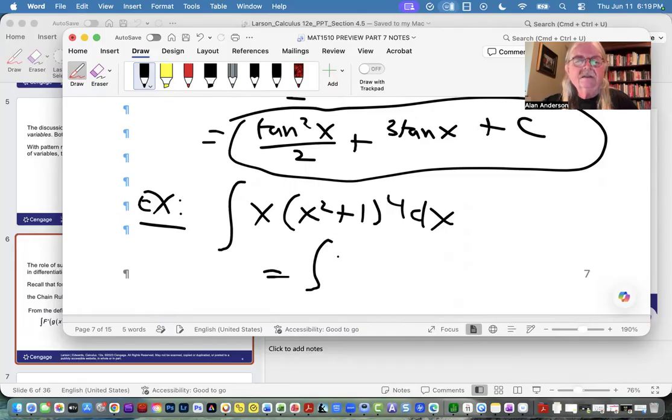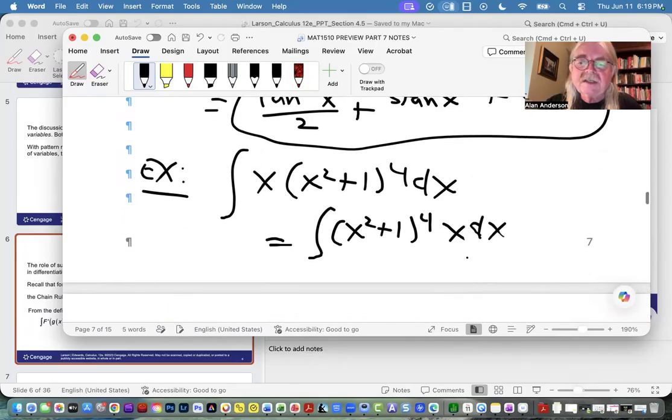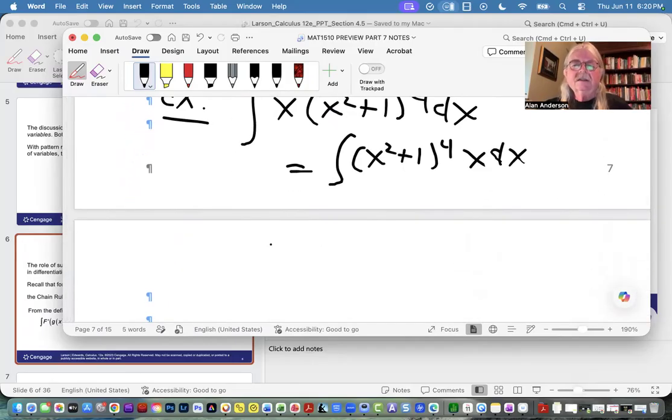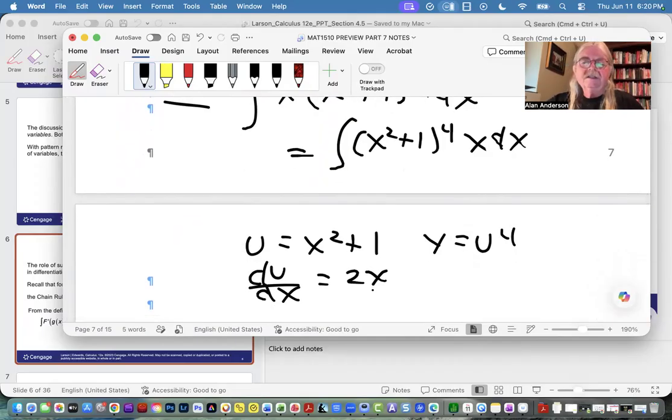Or we can write it like this. Now, this is an interesting case. You'll see why in a minute. Let's try u equals x squared plus 1. And so du equals 2x dx.